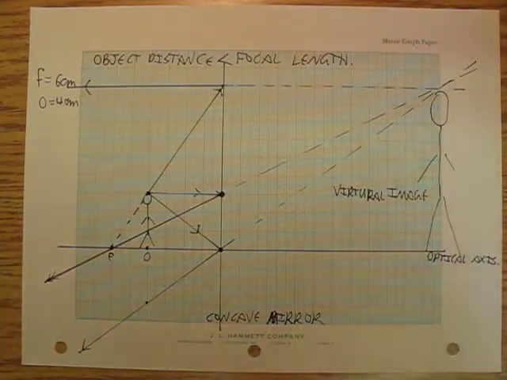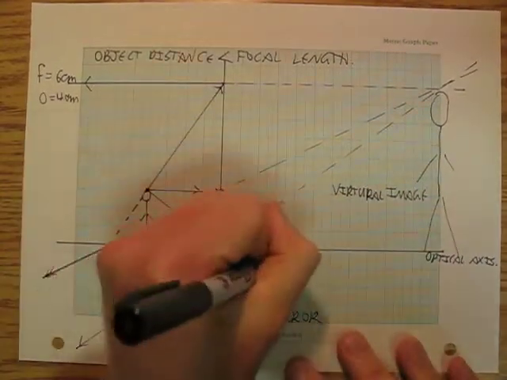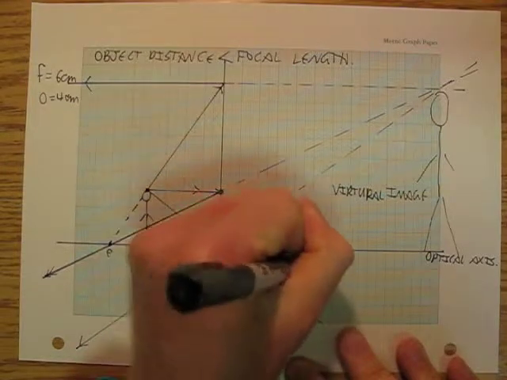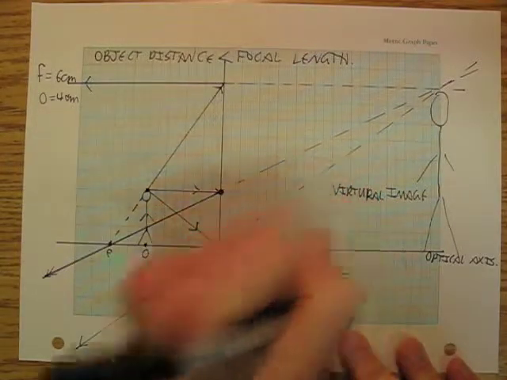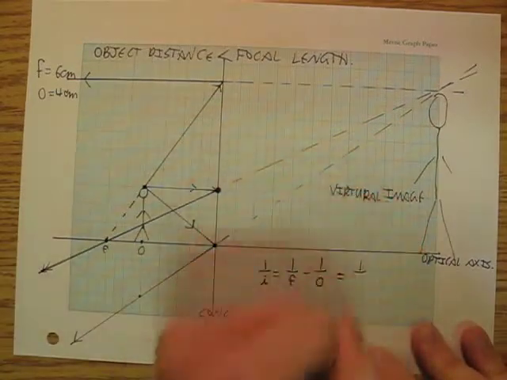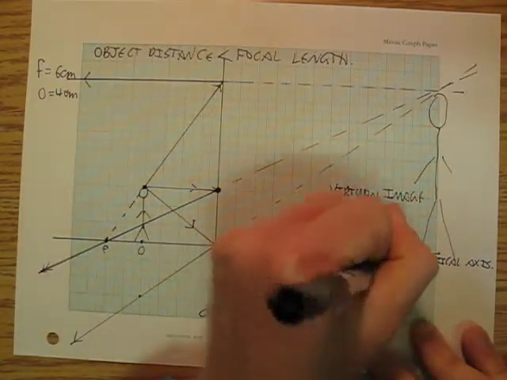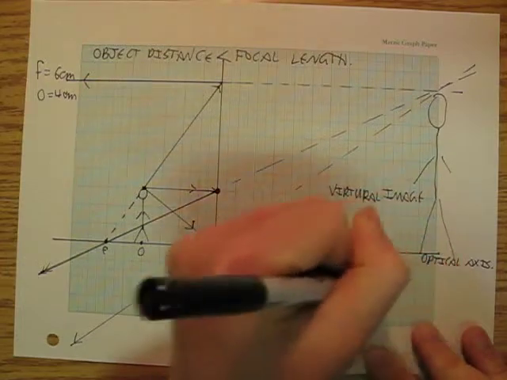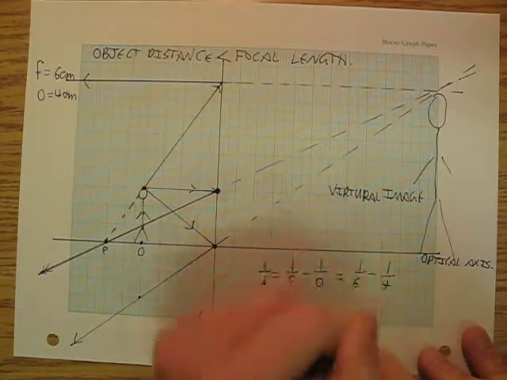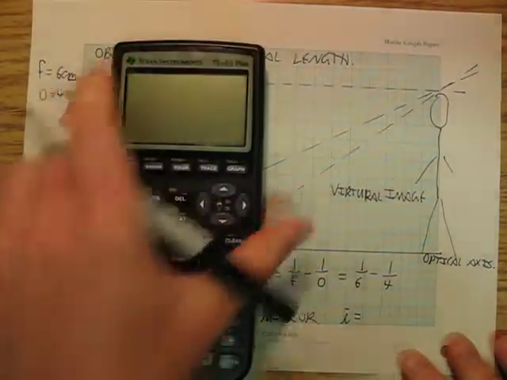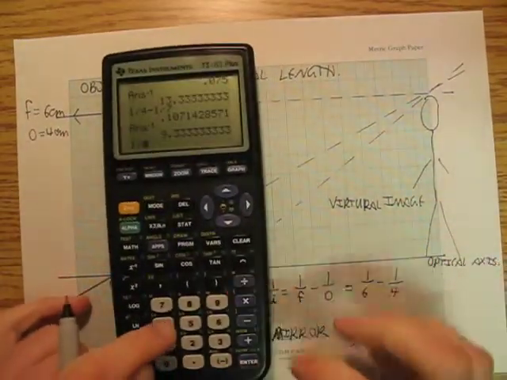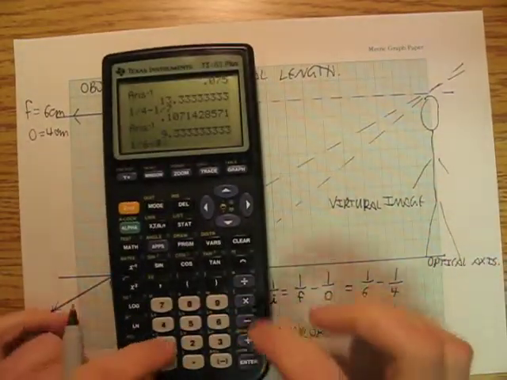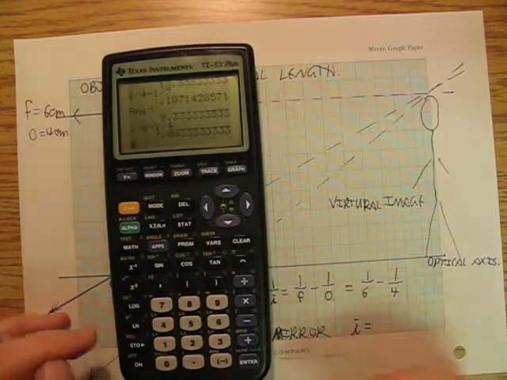And so then once again I do 1 over I is equal to 1 over F minus 1 over O, and so I get 1 over 6 minus 1 over 4, and so that's going to give me I is equal to 1 divided by 6 minus 1 divided by 4.